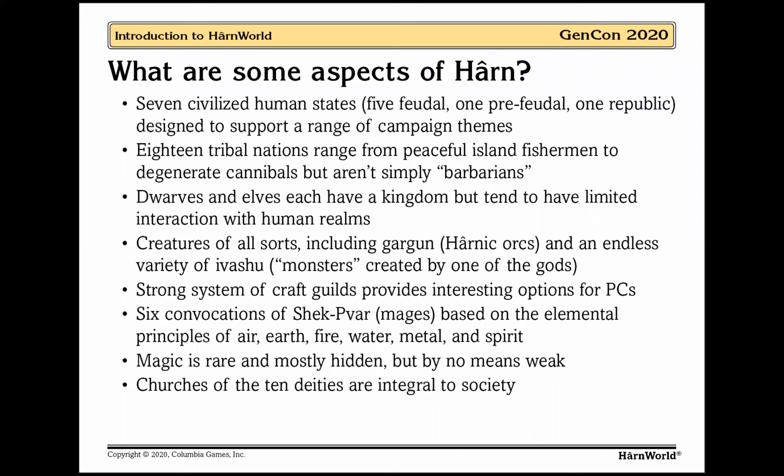The wizards have their own organization, called the Shek-Pvar, and they have long since realized that the key to their continued survival is to not alienate the regular populace, because if they do that, the torches and pitchforks come out and it goes badly for everybody. So as a result, magic tends to be very subtle and very mysterious.